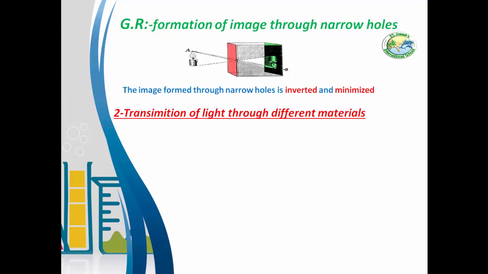Materials can be classified according to their ability to transmit light, and transmit here is the ability of light to pass. The ability of a material to transmit light is the ability of the material to allow light to pass through.